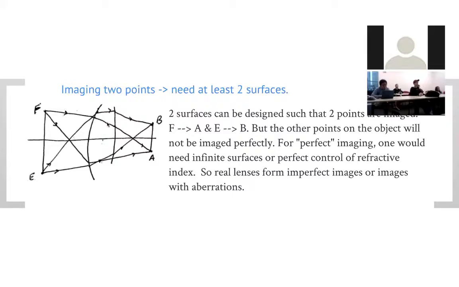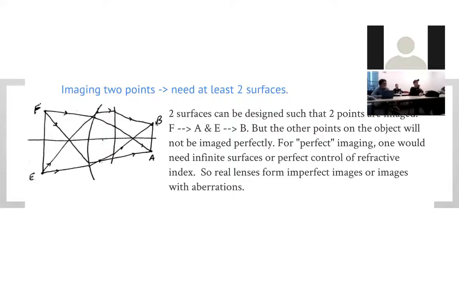So rays bend here, then bend again, and reach A. You can show that by selecting the shape of surface 1 and surface 2, you can take any ray that comes from the 2 points, E or F, and make them converge to two other points, A or B. We need two surfaces to do perfect imaging for 2 points.